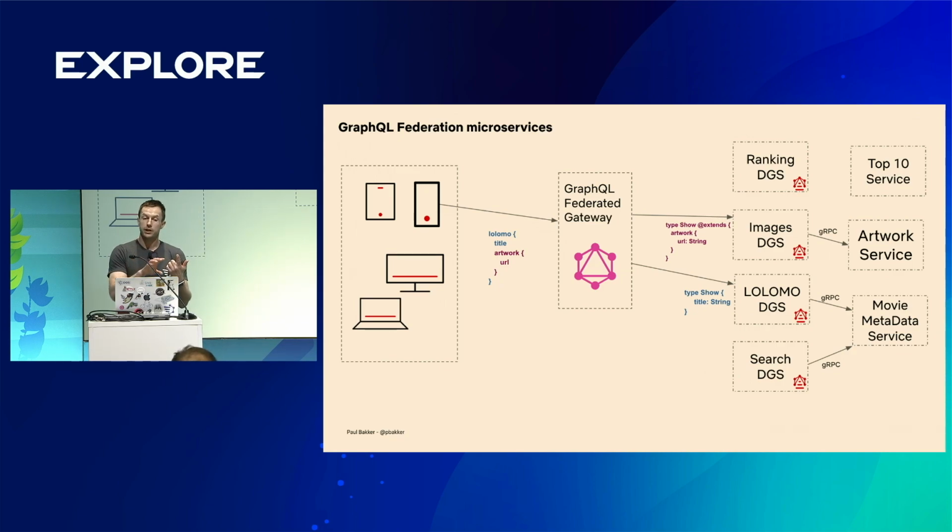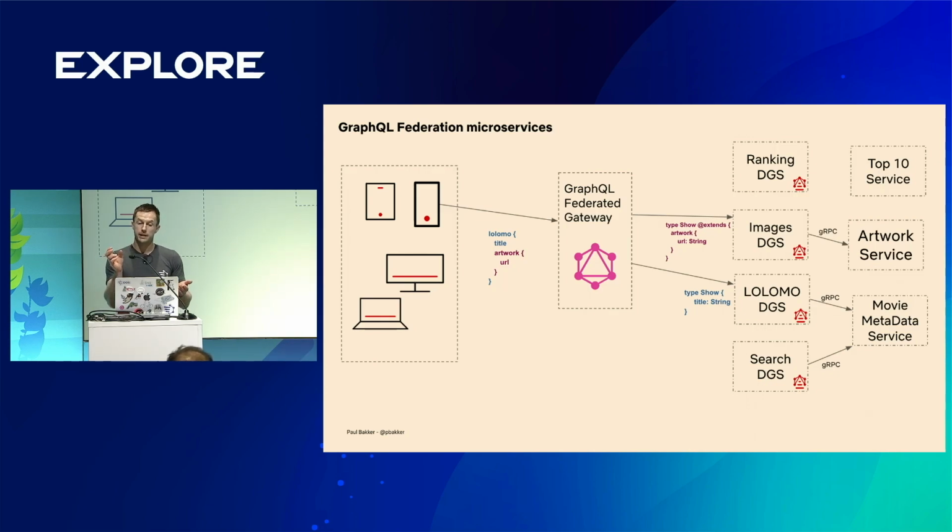In fact, this goes to a federated gateway, and if you look at the backend services, we see that those different parts of the data, the title and the artwork URLs, are actually coming from completely different microservices. These microservices are all Spring Boot services, and we call them DGSs, Domain Graph Services, but it's just a Spring Boot application with GraphQL in it. We see that the Lolomo DGS is responsible for the type Show.